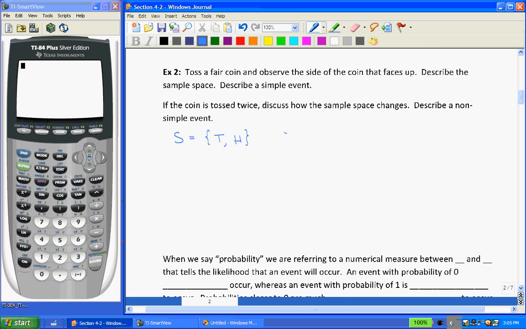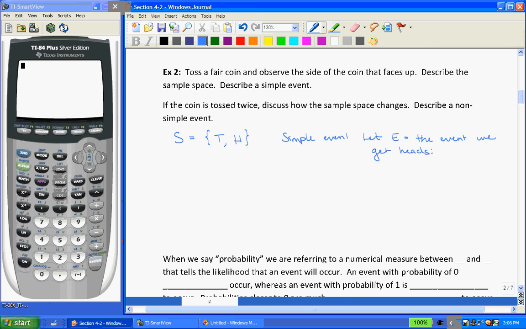A simple event here might be, let E be the event we get heads. That's one of the choices from our sample space.